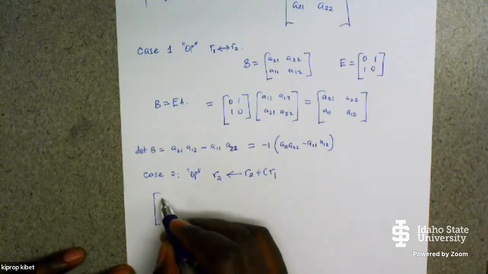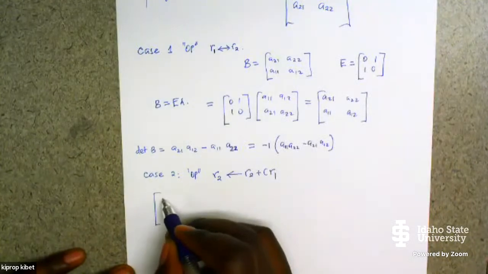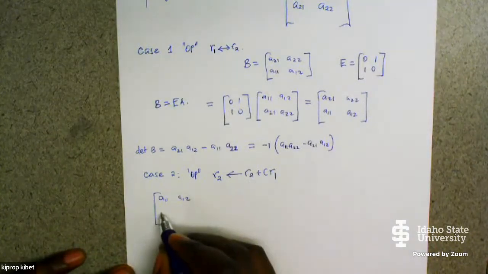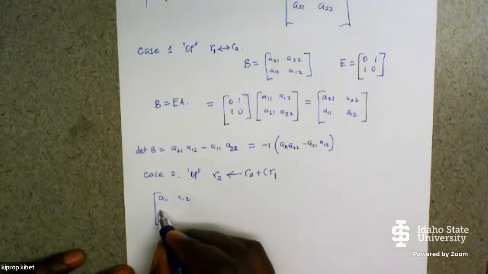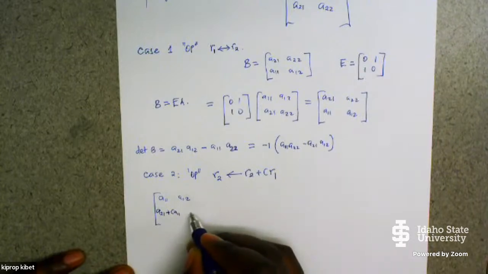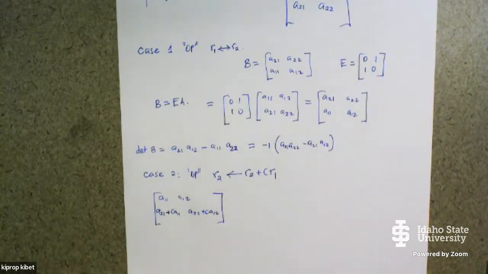Of course, we retain A11 and A12, and our new R2 will be R2 plus CR1, which is A21 plus CA11, and then A22 plus CA12. That is what we get.